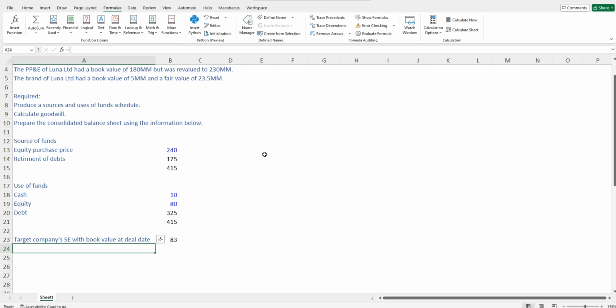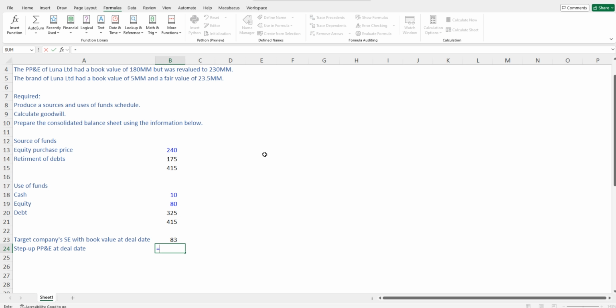That being said, we need to step up the value. Step up PP&E at the deal date: it would be 230 minus 180, so there's a $50 million difference. We need to revalue the target company's assets.